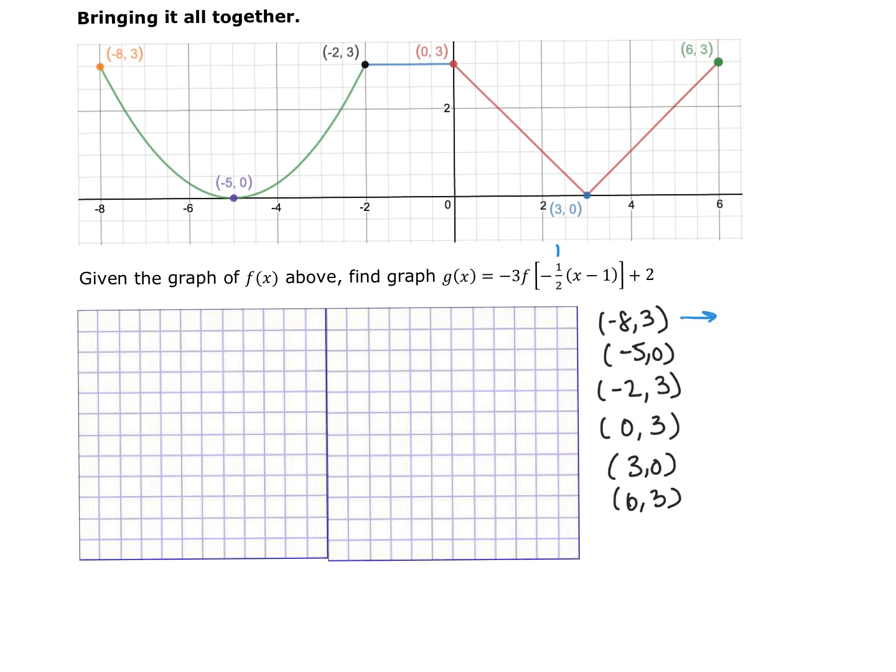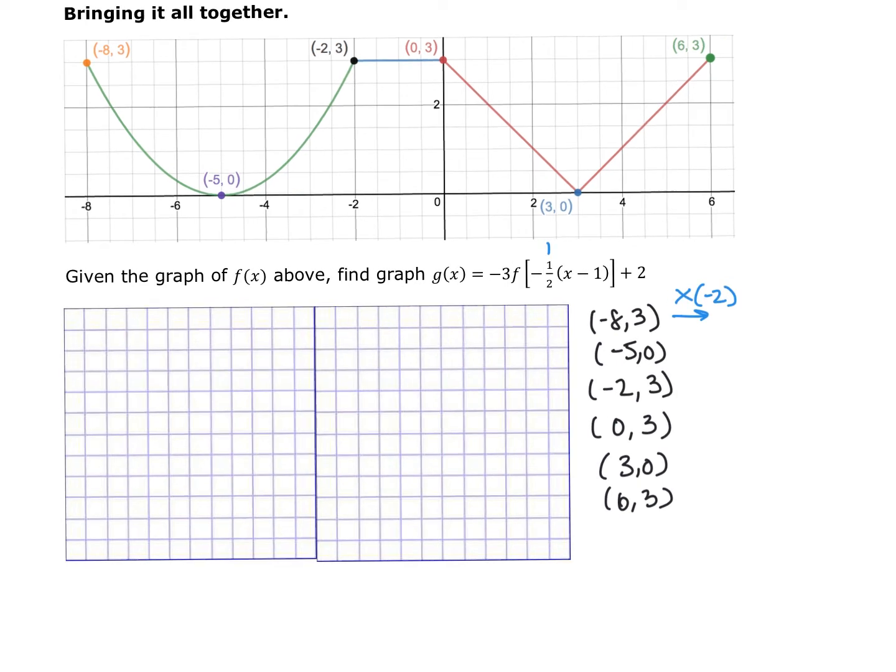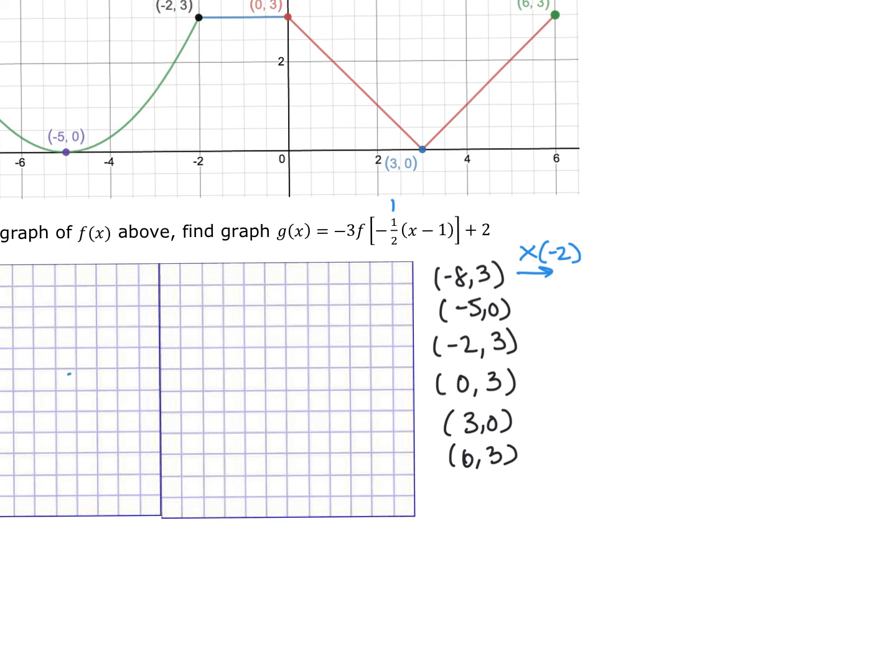I'm going to take all my x values. All my x's are going to be multiplied by the reciprocal because it's a division of -1/2, which means I'm going to multiply by -2. All my x's get multiplied by -2. Okay, so that means I'm going to write down all my y's.